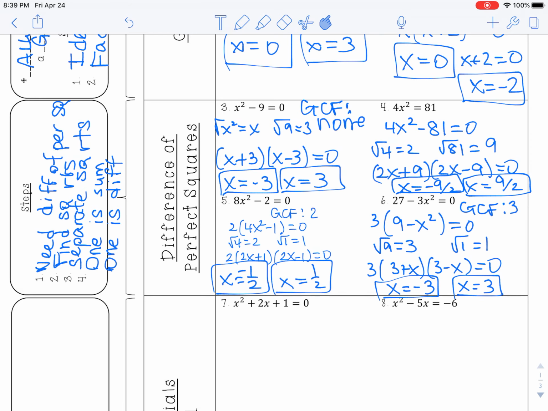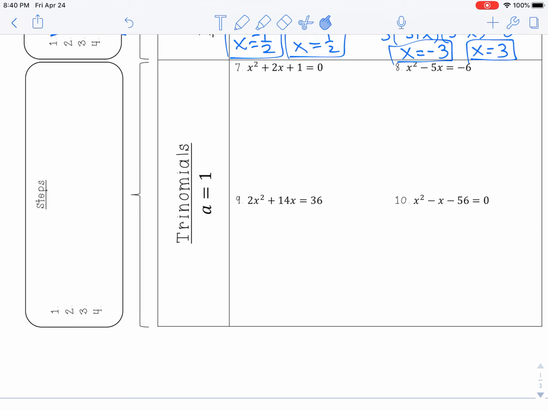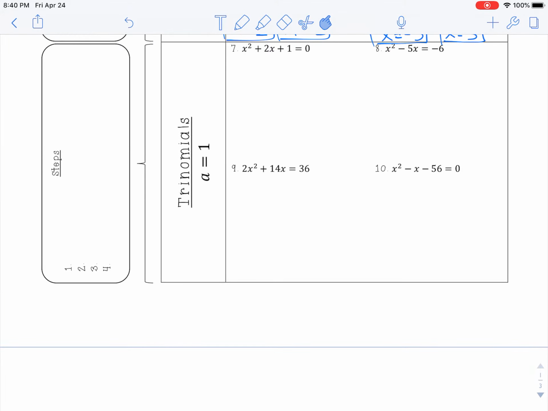Perfect squares. Trinomials where our leading coefficient is 1, or a equals 1. So none of these will have a GCF. So doing this as the EC method, or just using the factors of the last term.